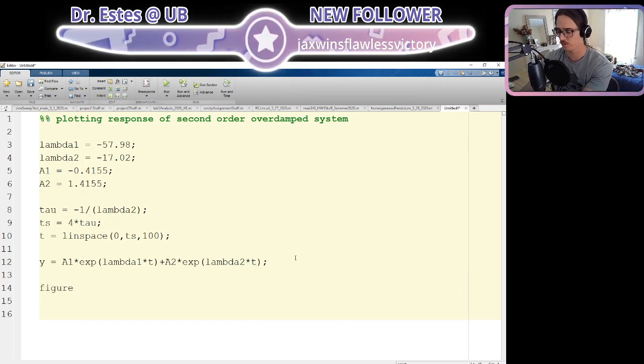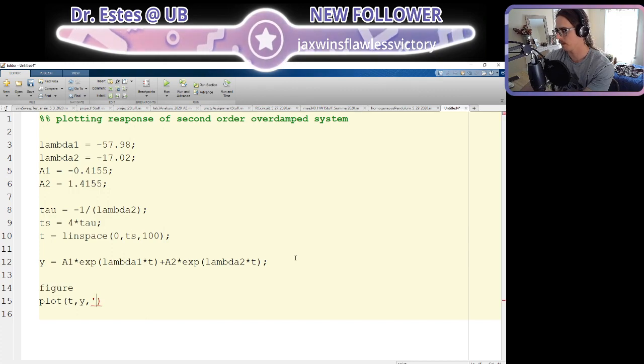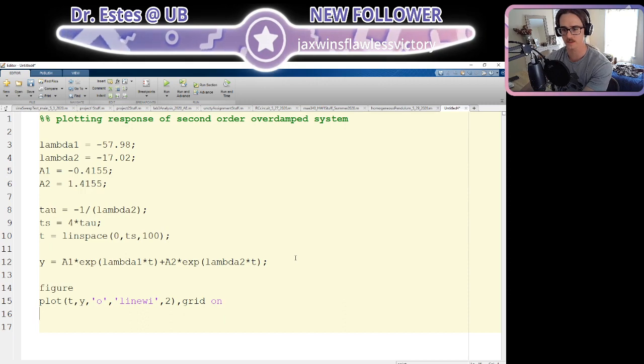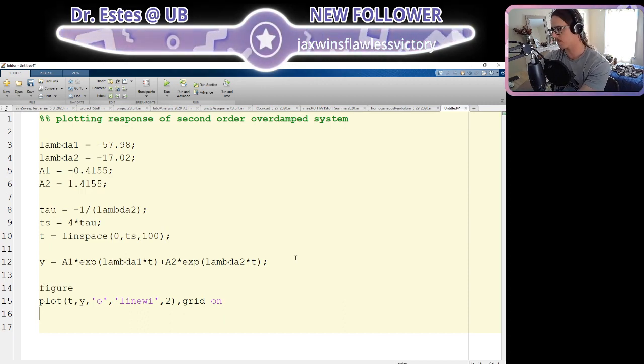So I always make a new figure and then I plot t, y. I'm going to use circles for each of the points. I like to make the line width 2. I just think it looks a little better. I like to turn the grid on. It puts some rectangular grid marks in the background.